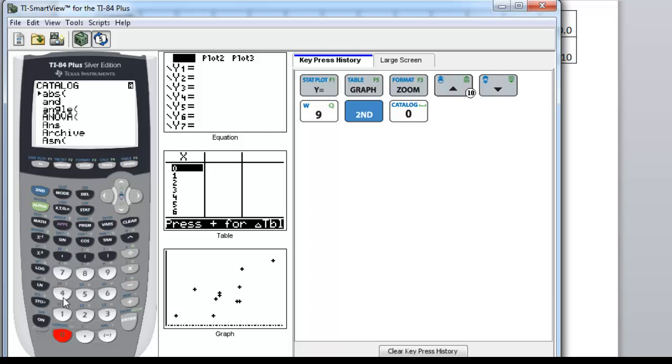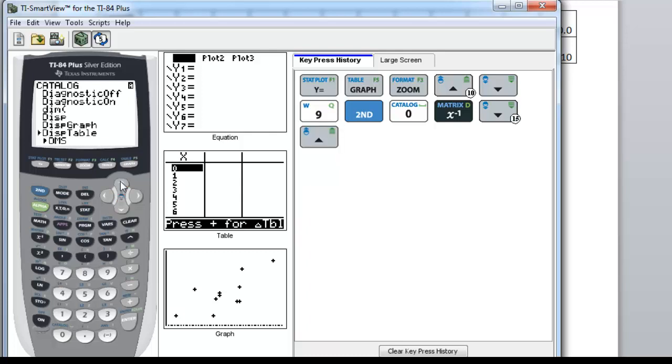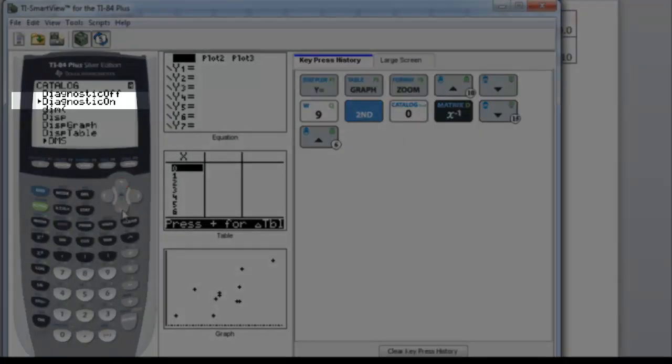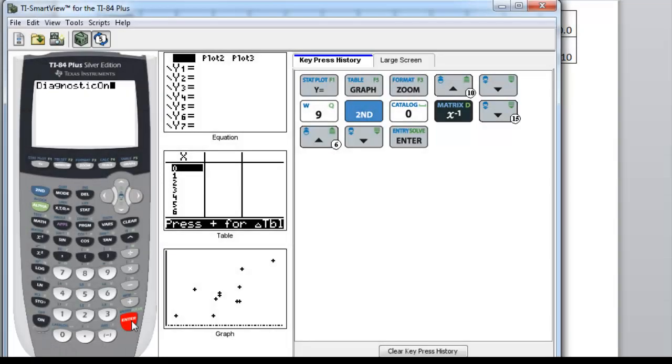Okay, we're going to hit the X inverse key for letter D. That'll give us a jump so we don't have to arrow down so much. And then just hit your down arrow until you see diagnostic on. Okay, once you get to diagnostic on, hit enter and enter again, and that's done.